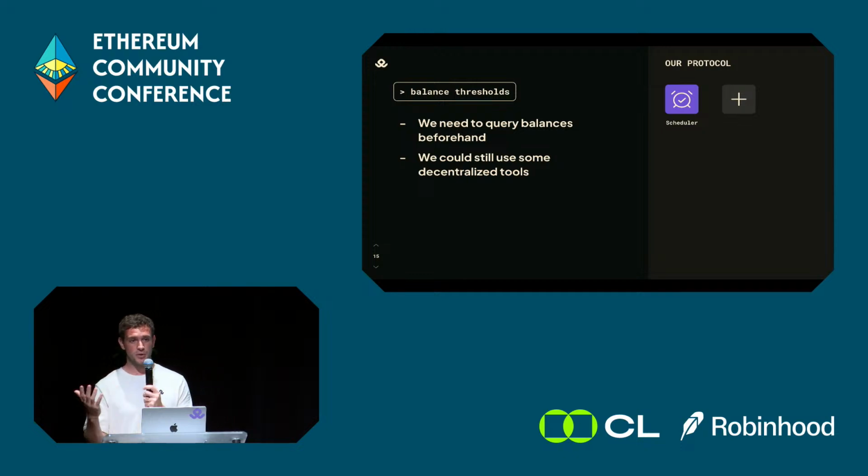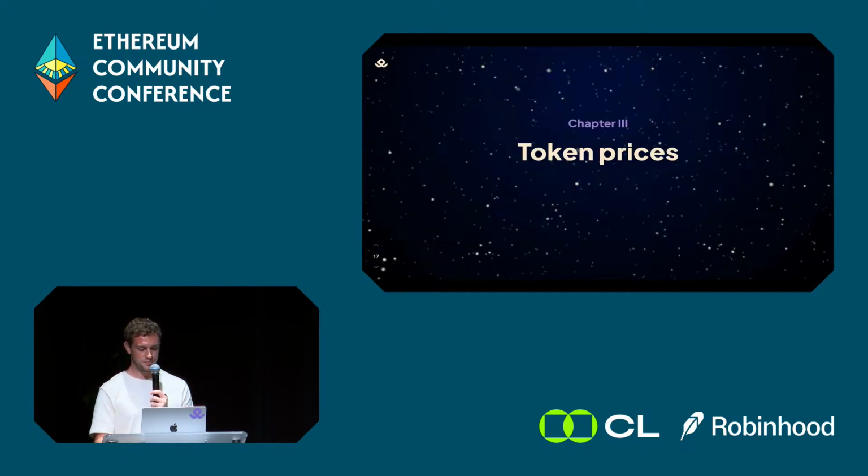If we keep our smart contracts implementation, we can query balances on-chain. There are many solutions out there, like Gelato or Defender, and many of these tools allow us to query information on-chain. So this doesn't look very complex. Let's add these thresholds to our protocol.